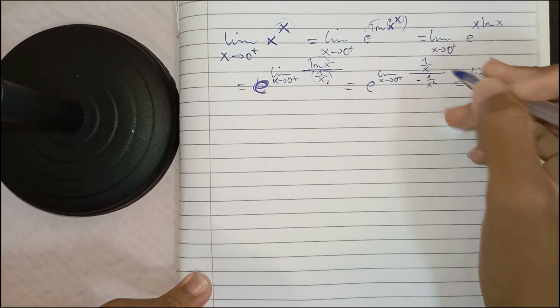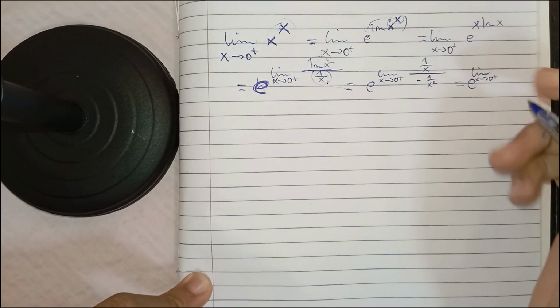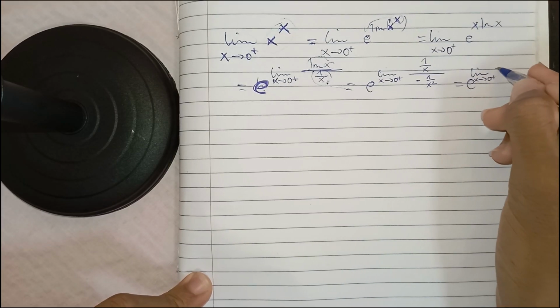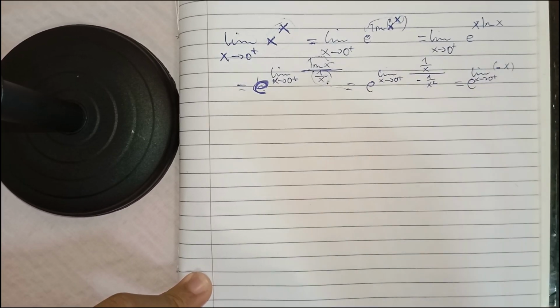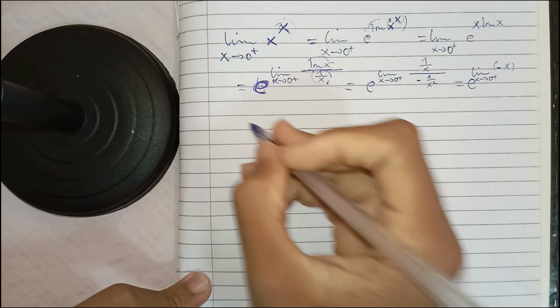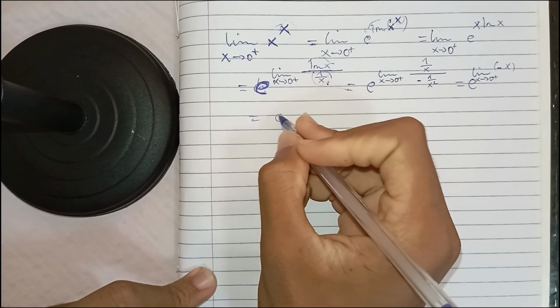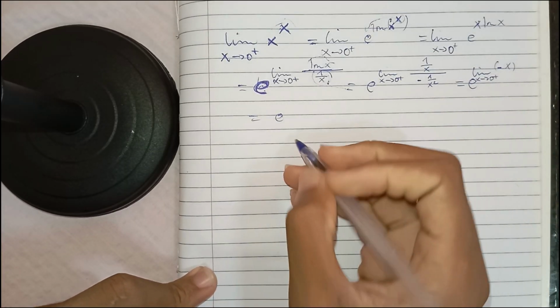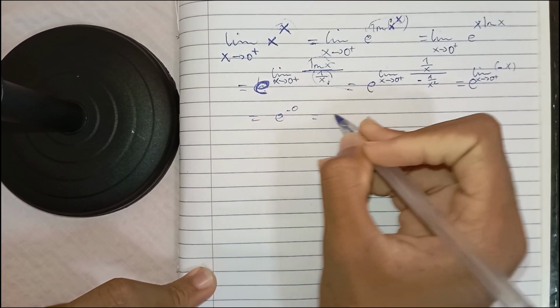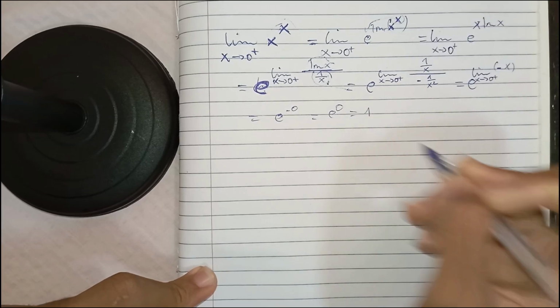If you do some operations here, we get minus x. If you plug in 0, you get minus 0, which is still 0, and e to the 0 is 1. So this is done.